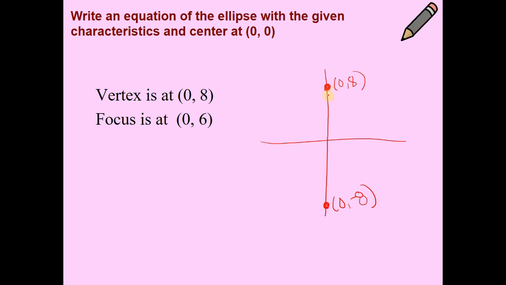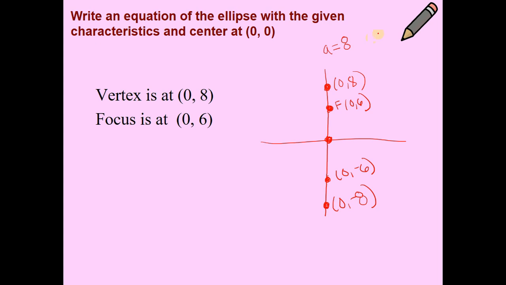Since a is the value from our center to our vertex, my a value has to be 8. The other thing I am told is my focus is at 0, 6. That would be right here, which also tells me my other focus down here has to be located at 0, negative 6.